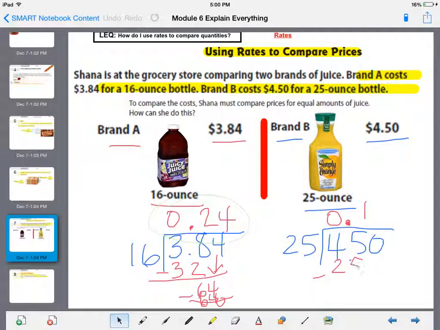We take 25 from 45 and we get 20, and we bring down the 0. Well, we know that 25 goes into 100 4 times, so it must go into 200 8 times. And so we are paying 18 cents per ounce for the Simply Orange. So in this case, the better buy would be the Simply Orange.